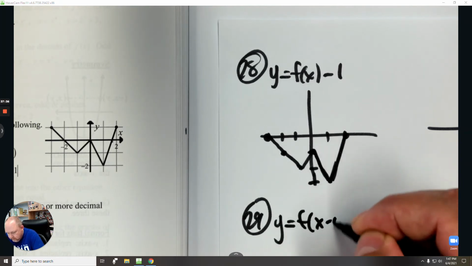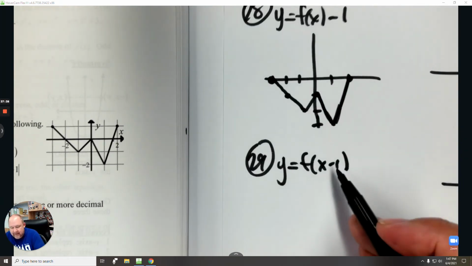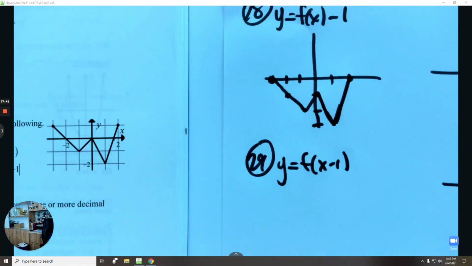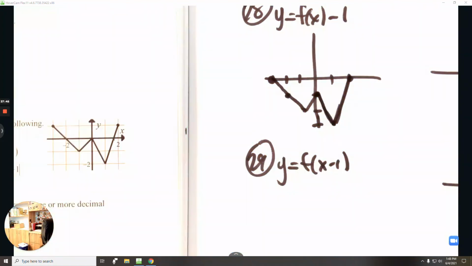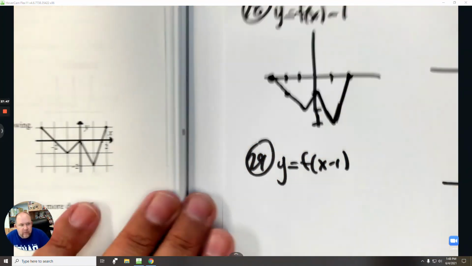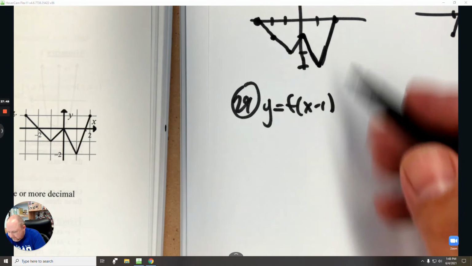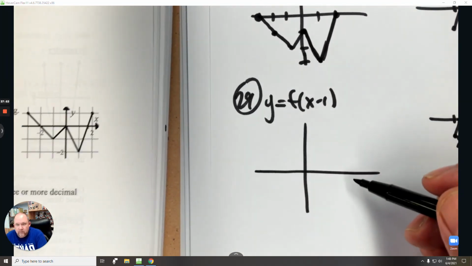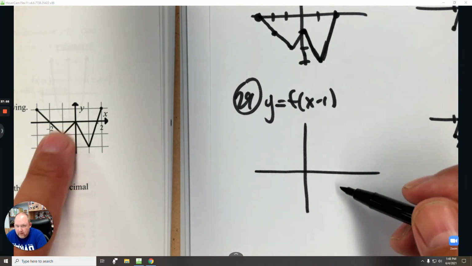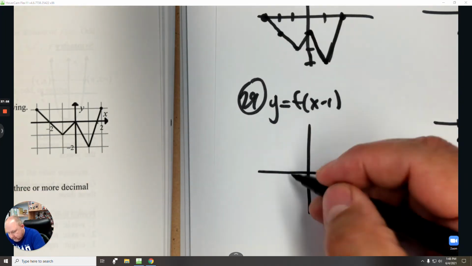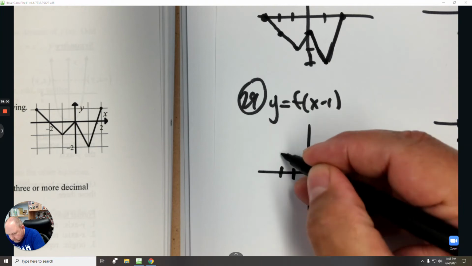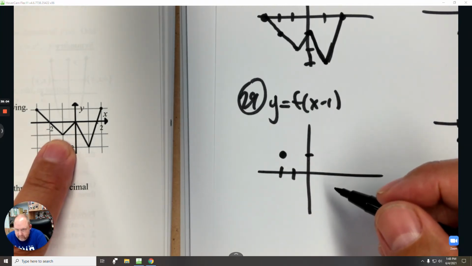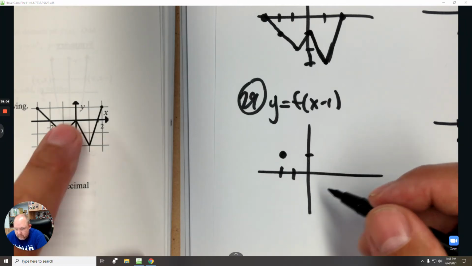Now it's inside the function, so we're going to add 1. It's been shifted to the right 1. So take each essential point and shift it to the right 1. So this, to the right 1, becomes negative 2, 1. And then to the right 1, this becomes 0, negative 1.